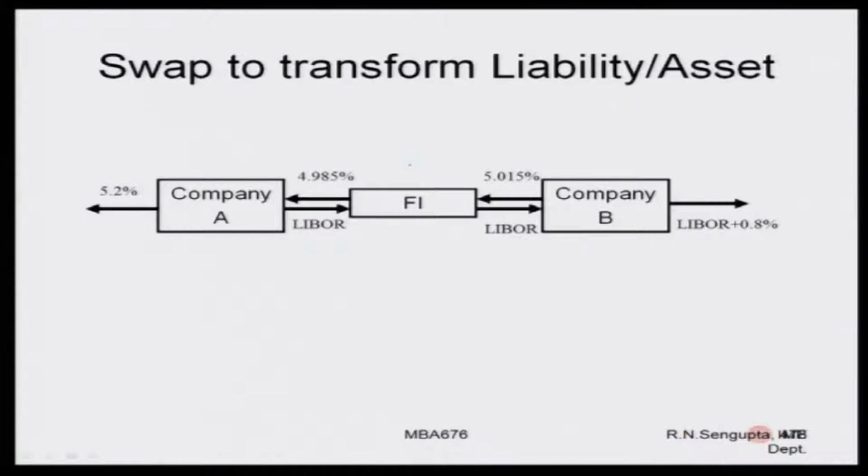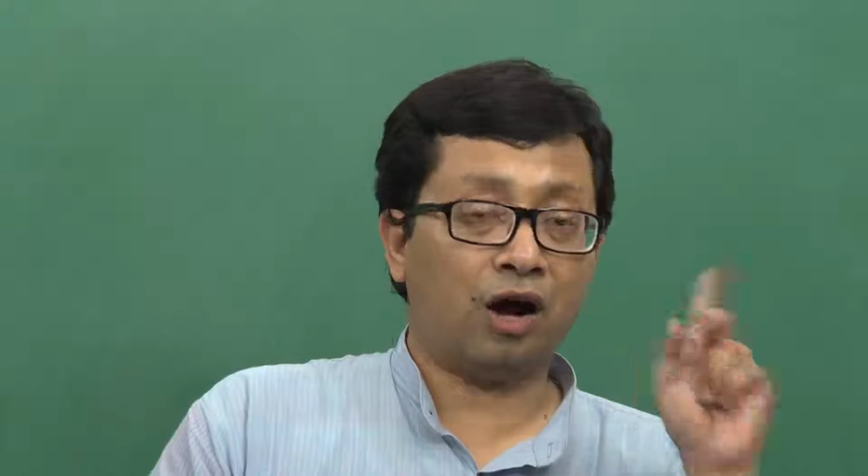Now, consider the third scenario where you have now brought in a financial institution. Now, company B is no longer interacting with A, or A is no longer interacting with B. The financial institution which is in between is now able to take care of the overall risk that company A is facing from B or company B is facing from A, such that the overall risk is being shared by the FI. How?